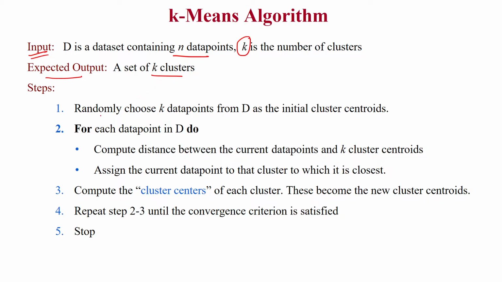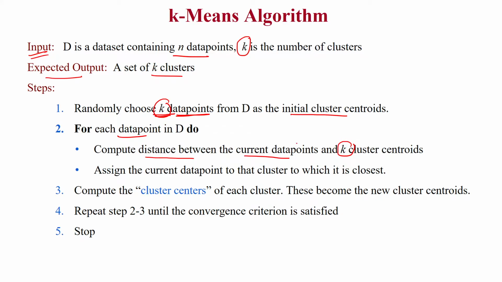Now, initially we have to give the input K. Based upon the K value, K data points should be selected as the initial cluster centers. Then for each data point, we calculate the distance between the data point and the cluster centroids.